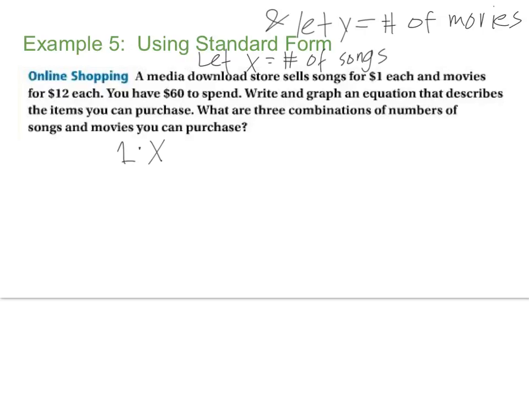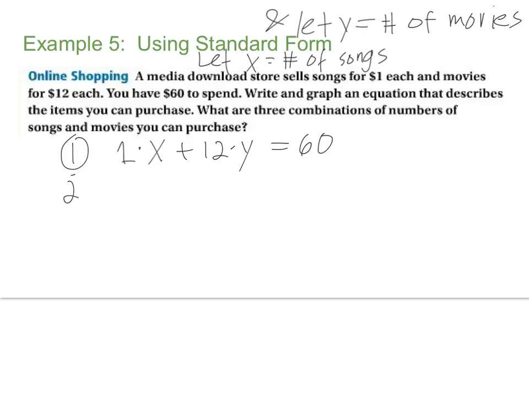So 1 times x, we know each movie is 12 times y, and we have $60 altogether to spend. So that gives us our standard form of the equation.